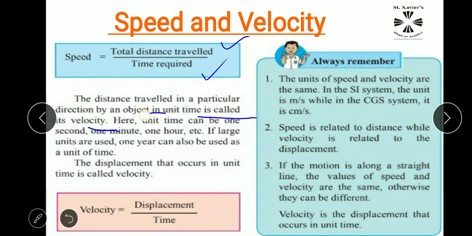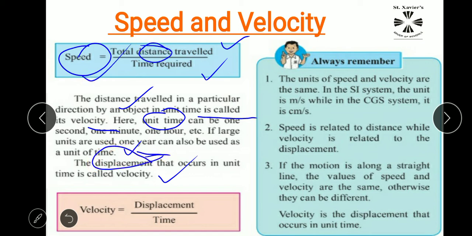Here unit time can be 1 second, 1 minute, 1 hour, etc. If large units are used, 1 year can also be used as a unit of time, students. But when we are talking about displacement, the displacement that occurs in unit time is called velocity. Distance traveled in unit time is called speed. When we are talking about distance, it is speed, but when we are talking about displacement, it is velocity, students.